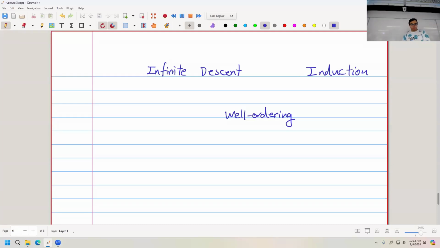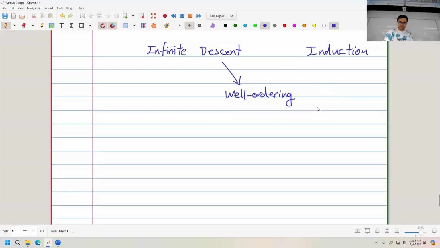Which ones are easier, do you think? So I think I can do this one pretty easily. So basically, let's prove this theorem. Let's prove that if we have the principle of infinite descent, then we have the principle of well-ordering. So this is part one.